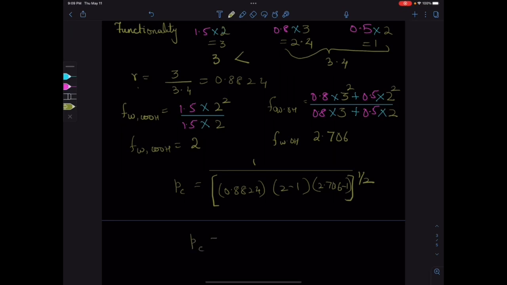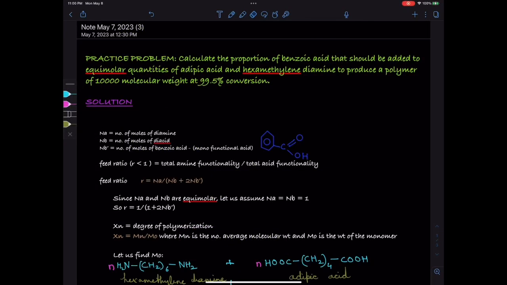This gives us a Pc value of 0.8150. So we have found out the Pc value.